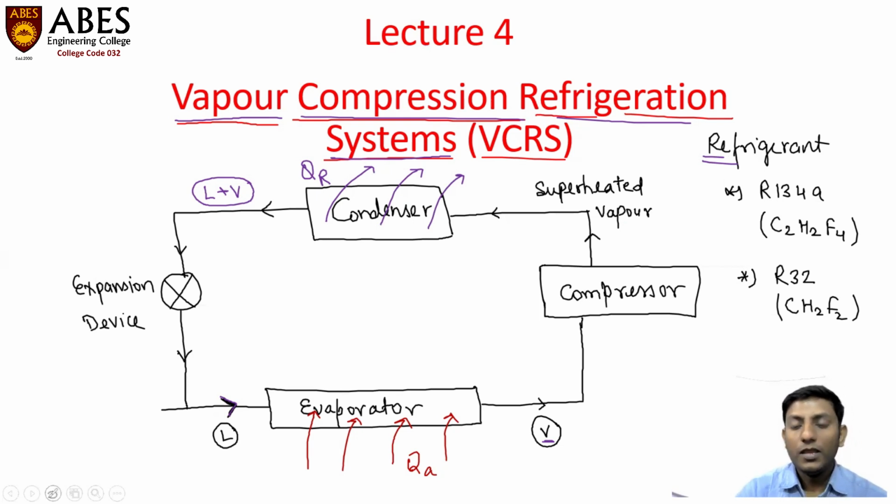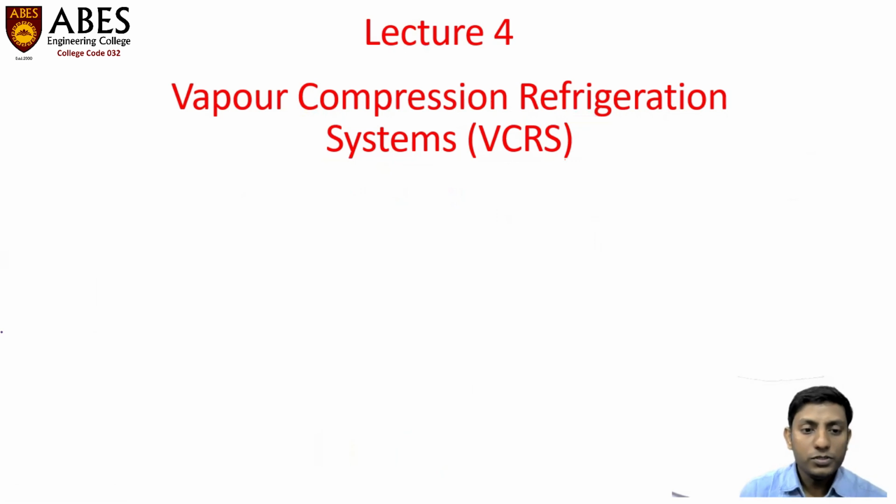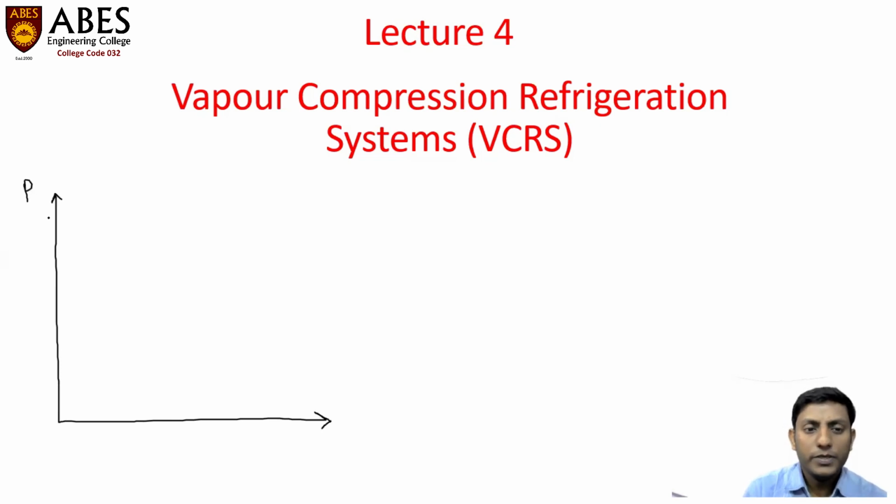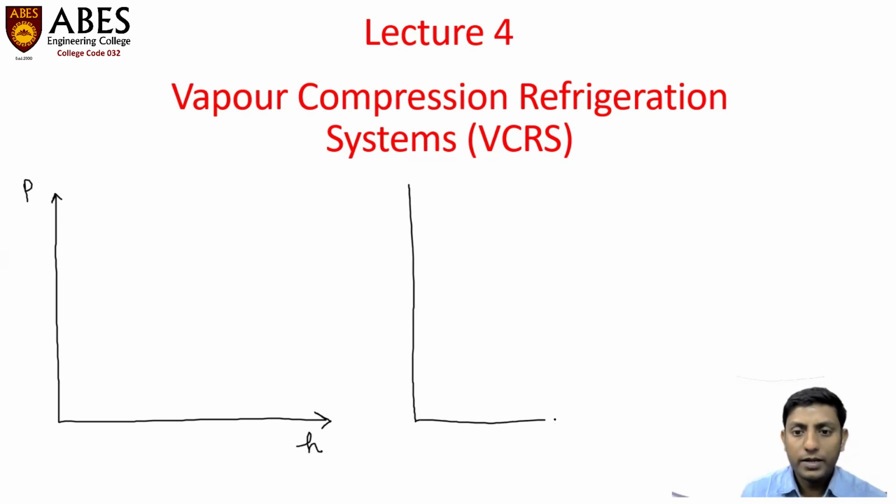For analysis purposes, let us try to draw it on thermodynamic diagrams. The most common coordinates we use to show a VCR system are the pH diagram, pressure-enthalpy diagram, as well as the temperature-entropy diagram.